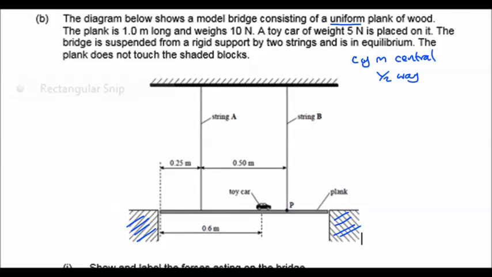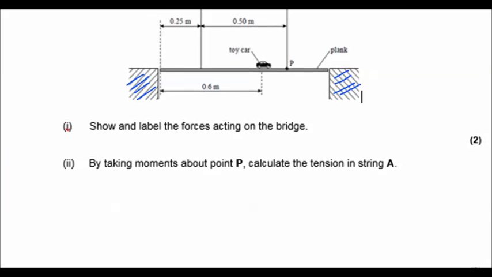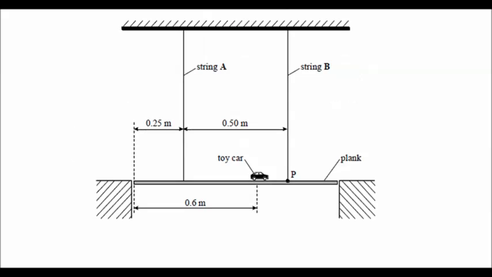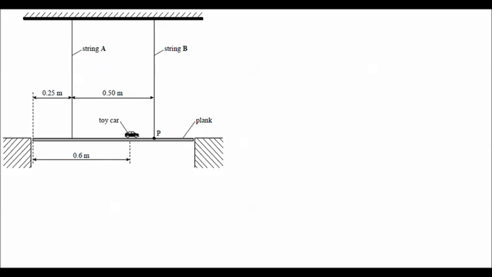Now, first question, they're saying, show and label forces acting on the bridge. Now, I was going to do it on this enlarged diagram, but I think I can do it here. Right, our forces on the bridge are going to be, first of all, easy one to put in, the car itself. Here it is. Right, and I'll call that the weight of the car, and it is 5 newtons, which you can see from your questions.